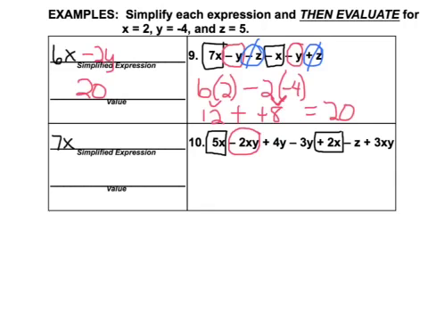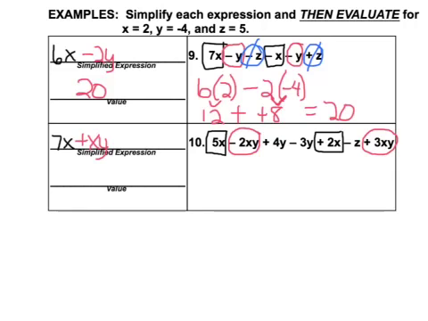I'm looking for an x and a y, and I see it at the end. So I have a negative 2xy and a positive 3xy. A negative 2 and a positive 3 makes positive 1xy. Now notice I don't usually write the 1. I just leave it off.